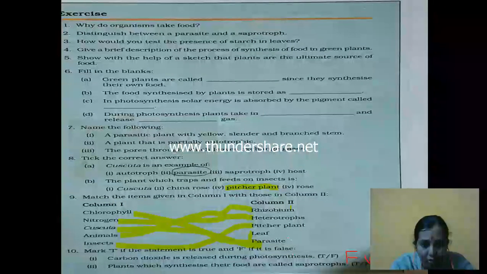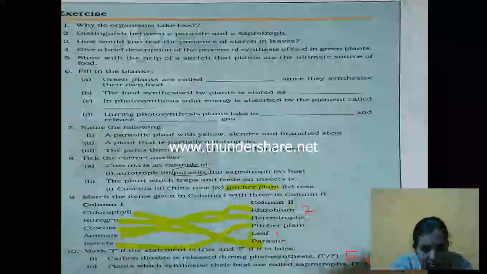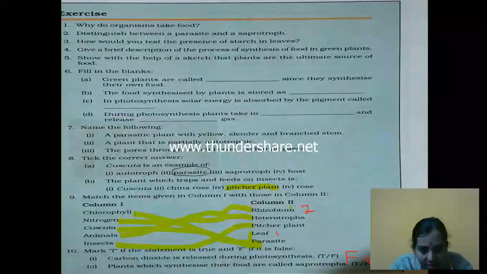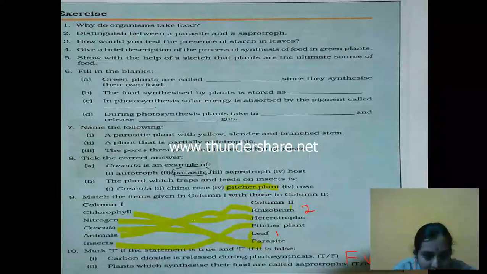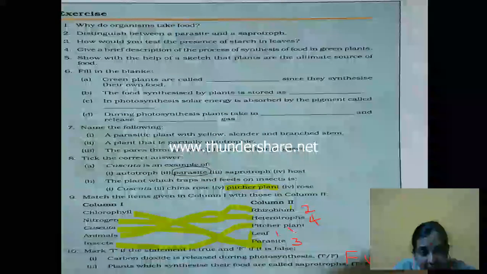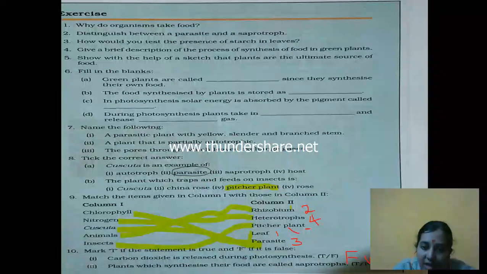Chlorophyll, this is 1, rhizobium is 2, then nitrogen is 2, Cuscuta is 3, then animals, this is 4, then insectivorous is 5.